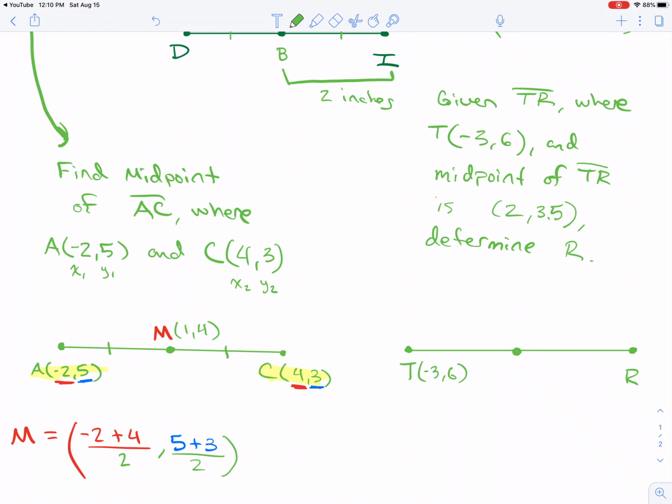Let's call it, how about just Y? So it's a little bit different this time in that you actually have the midpoint. I'm asking you to find what are the coordinates of this endpoint over here.